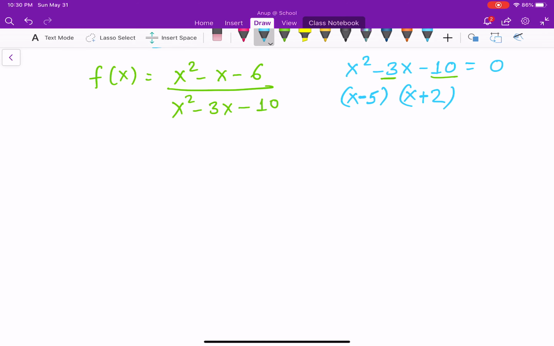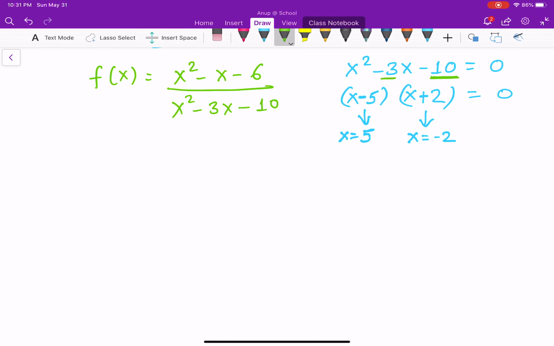Negative 5 times 2 is negative 10, but when we combine we get negative 3, right? So let's set this equal to 0. Then we have the linear factors. When you set x minus 5 equal to 0, we get x equal to 5 as a solution. When you set x plus 2 equal to 0, we get x equal to negative 2, right? So these are the two solutions.